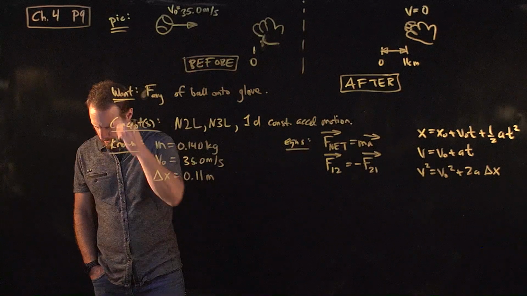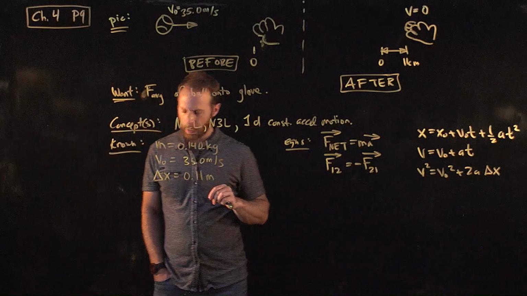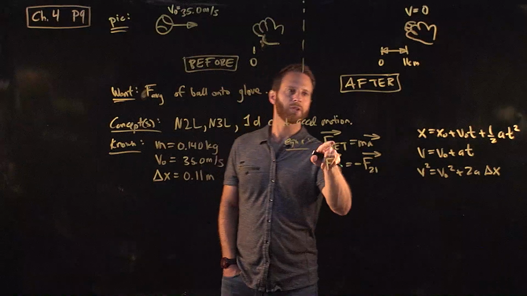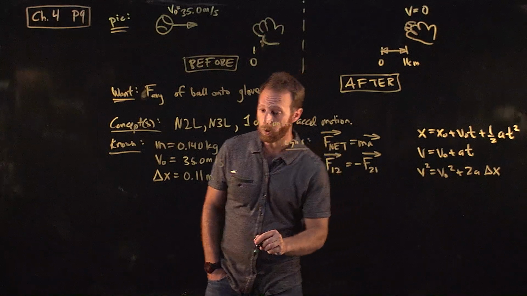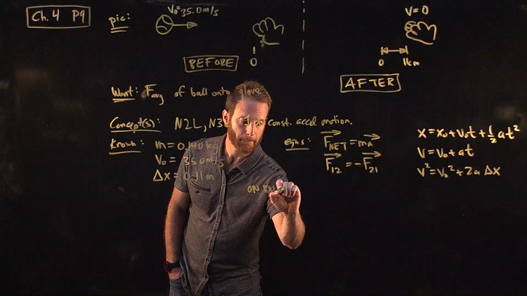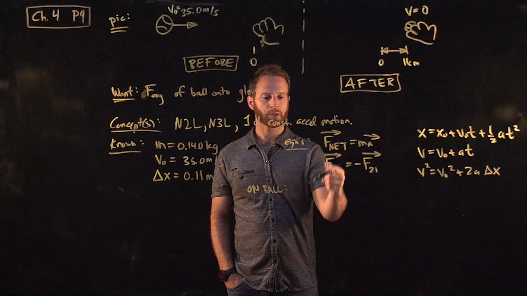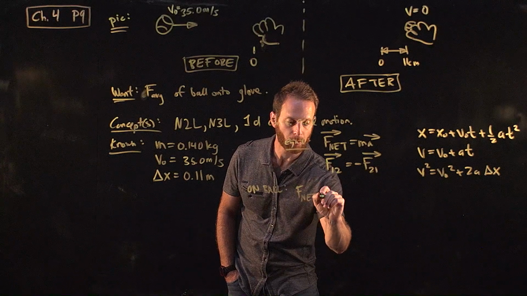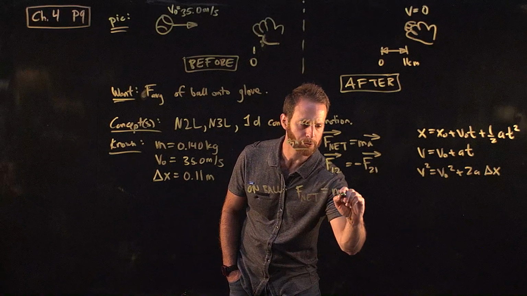We're trying to get a force, and so let's think about what we need to do. The net force acting on, at least on the ball, so on the ball, the net force is given by the mass of the ball. We'll write that like this for now, just using variables.